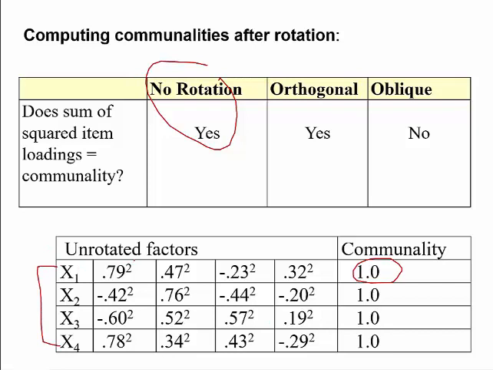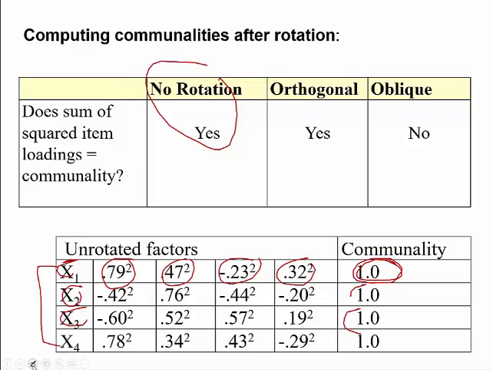And so if I take the loading for x1, 0.79 squared, plus for factor 2, 0.47 squared, plus negative 0.23 squared, plus 0.32 squared, and sum it up, and if I didn't do any rounding and had the actual unrounded values here, everything would sum up to exactly 100%, to 1. My communality for x1 would be 1, my communality for x2 would be 1, my communality for x3 would be 1, and so forth.